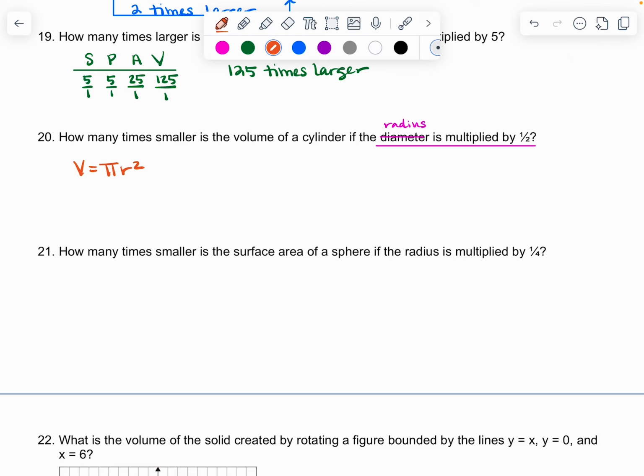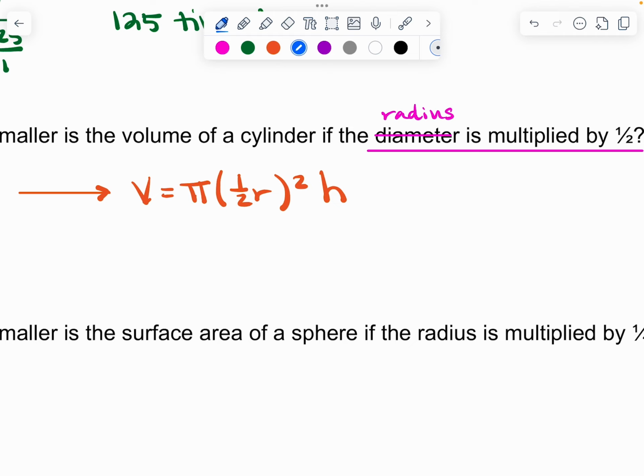Okay. All right, so how many times smaller? So we're talking about volume of a cylinder. We've done this lots of times. So volume is pi r squared h, but we're going to manipulate that and cut the radius in half. So now it's pi times half r squared h. And we've talked about this so often, right?